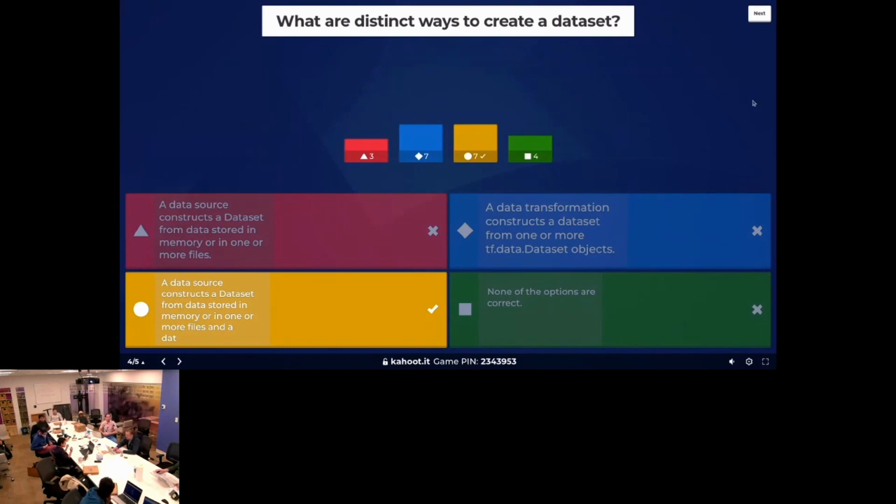So a dataset object, the reason that you are creating it is to get the best of both worlds, to be able to load this data in addition to applying all of the transformations. I really tried to make it clear when I was giving the slides. So the right answer is the combination, which is the orange.